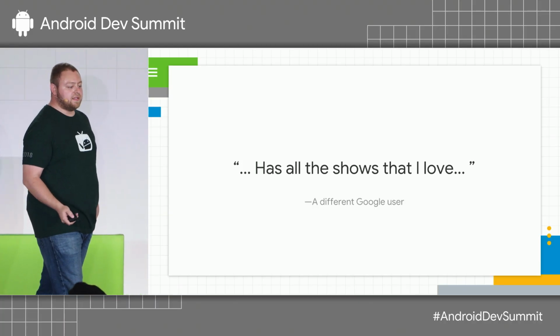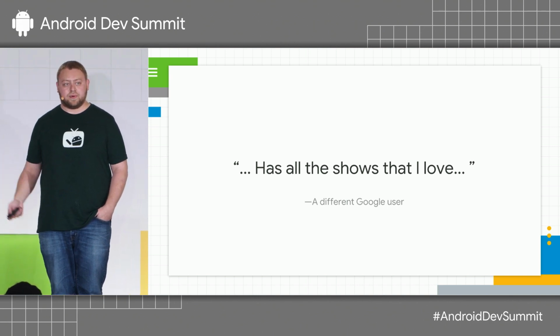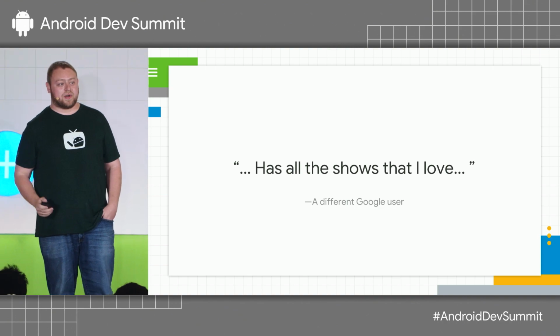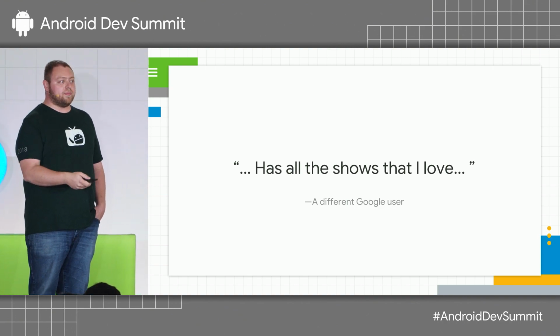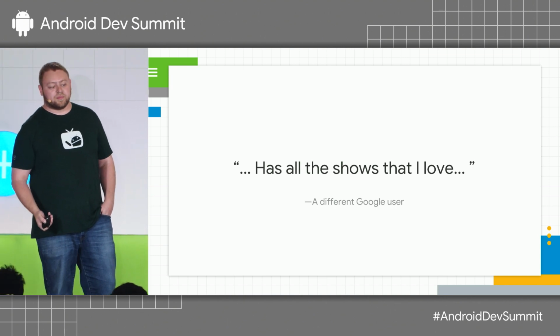Easy to find. They can do whatever they need to do inside that app and watch what they want to watch. Funny story, that's the same app that got the 1-star review. So even though they had a bad player, they worked on discoverability, and they're still able to have good review in the Play Store.